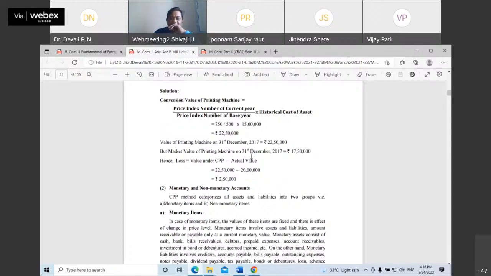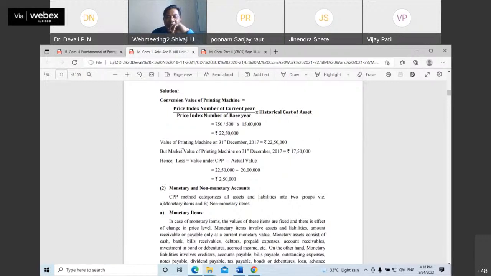When you look at the market, you watch whether the price of the particular machine is like this or not, and that's why we have taken an assumption regarding this. Actually the market price is 17,50,000.